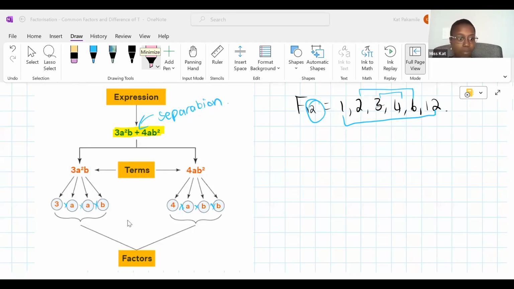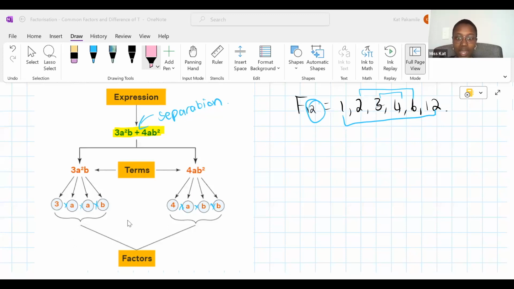Yes, Jaden, not multiple, Amahle, factor. Do you have an answer for me? Isn't it 1? Okay, but not 1, because then everything has a common factor. But it's fine, Jaden.